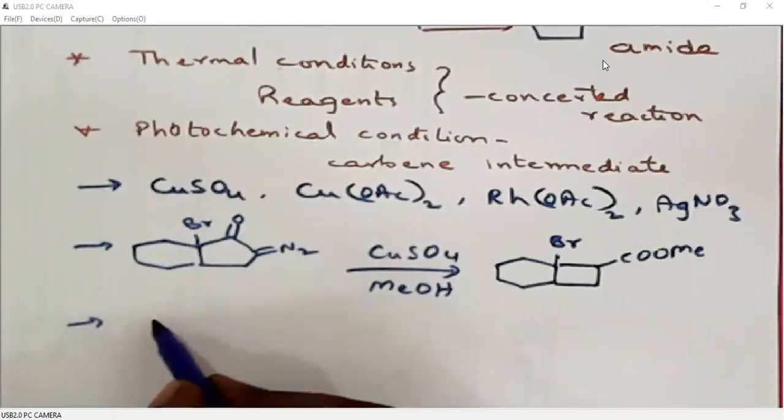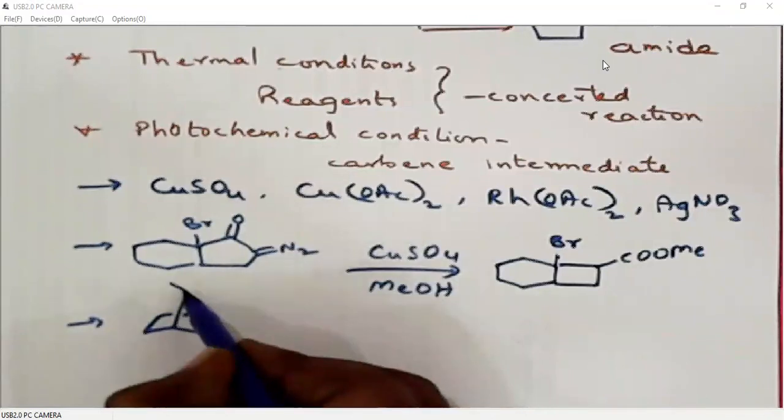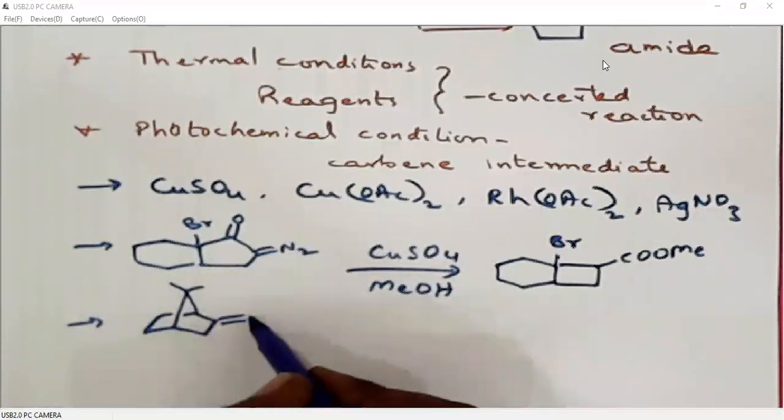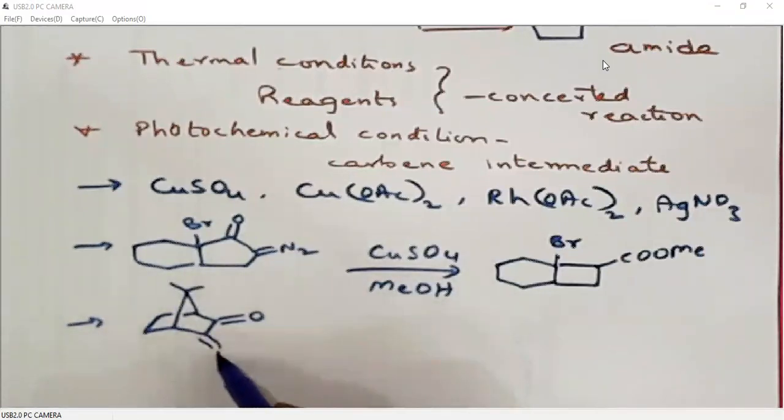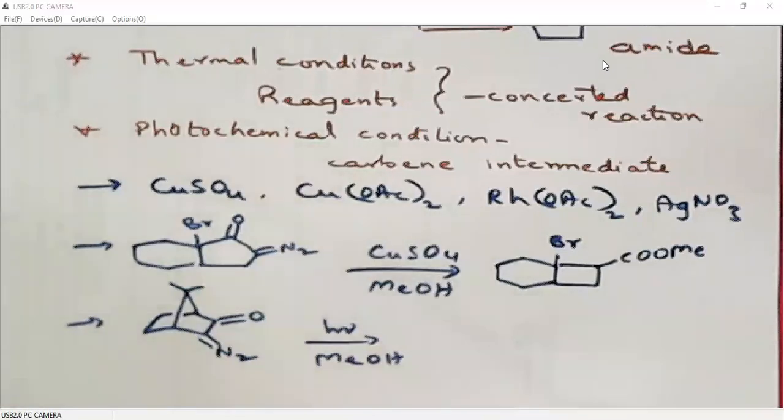Similarly, under thermal conditions or with reagents, it is a concerted mechanism. But under photochemical conditions, first a carbene intermediate will be generated that will undergo subsequent rearrangements.